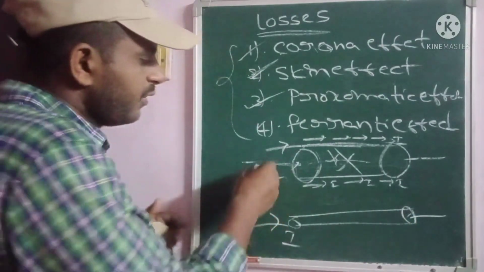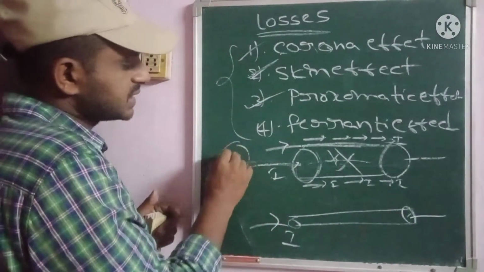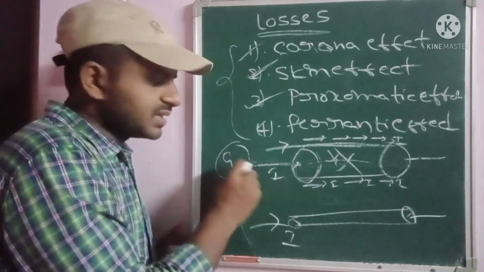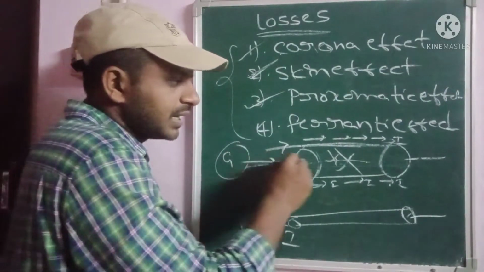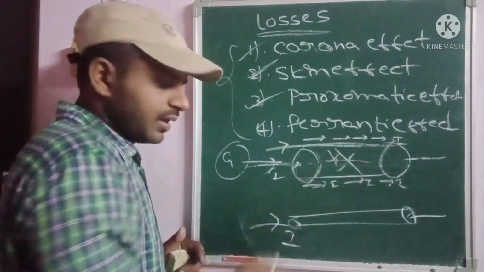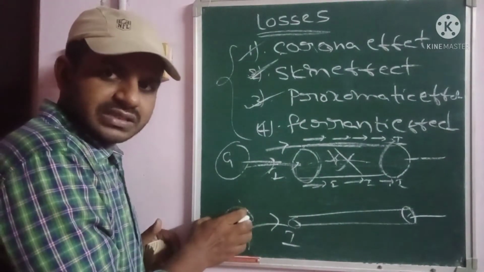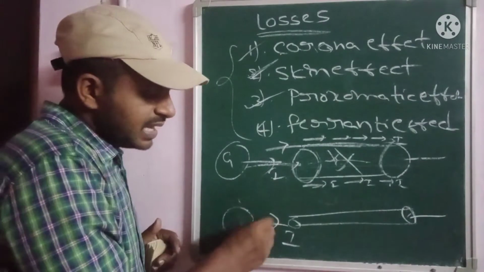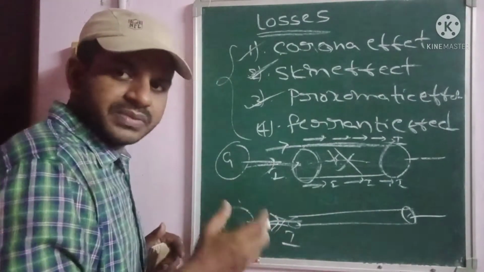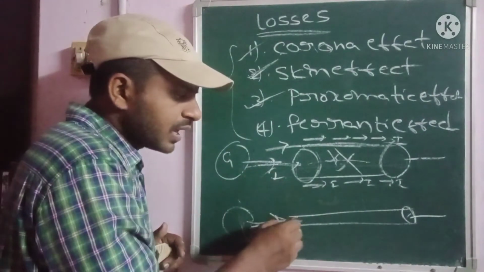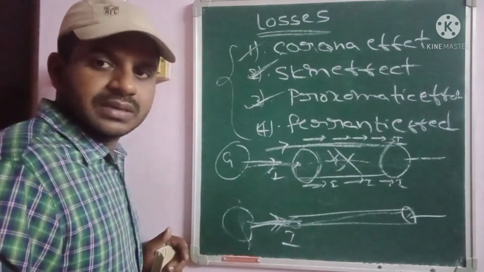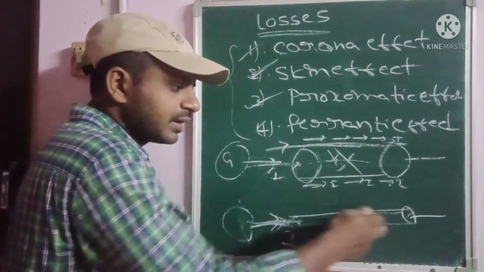Whenever, from the generating station, some current will be flowing through the entire transmission line. At the same time, from the FM station or some radio communication station, some signal will be flowing through the entire communication lines.